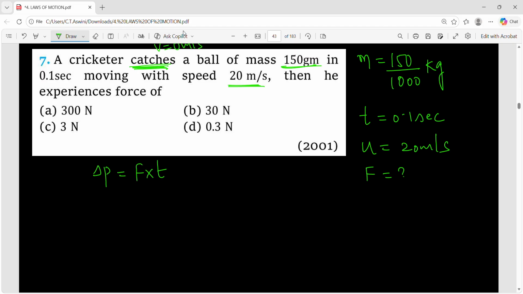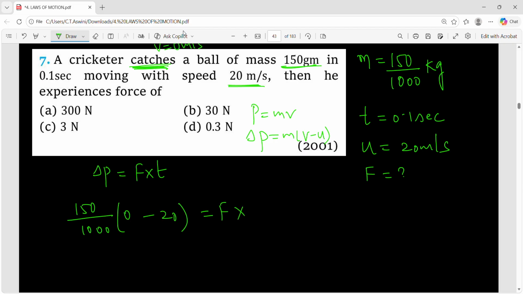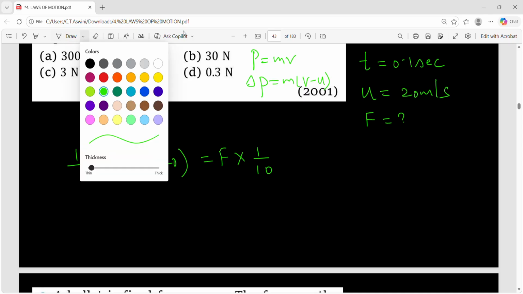So, shall we use the impulse concept? Change in momentum is nothing but F into t. What is change in momentum? What is momentum, first of all? M into V. What is change in momentum? M into V minus U. So just substitute here. Mass is 150 by 1000, V final velocity 0, initial velocity 20, equals F, which we have to calculate.